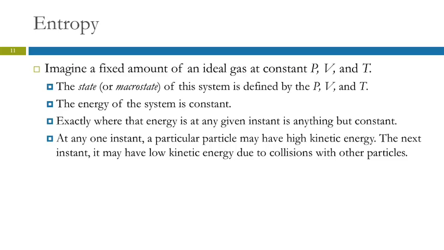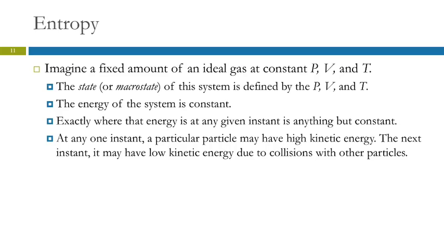So imagine a fixed amount of gas. We've got constant volume, constant pressure, constant temperature. So we define the state of the system by monitoring the pressure, the volume, and the temperature. Under conditions of constant P, V, and T, the energy of the system is constant, right?